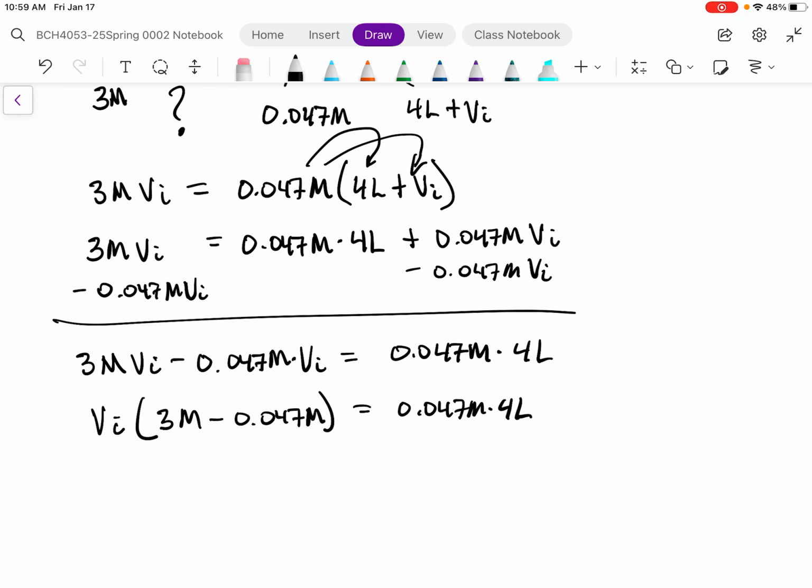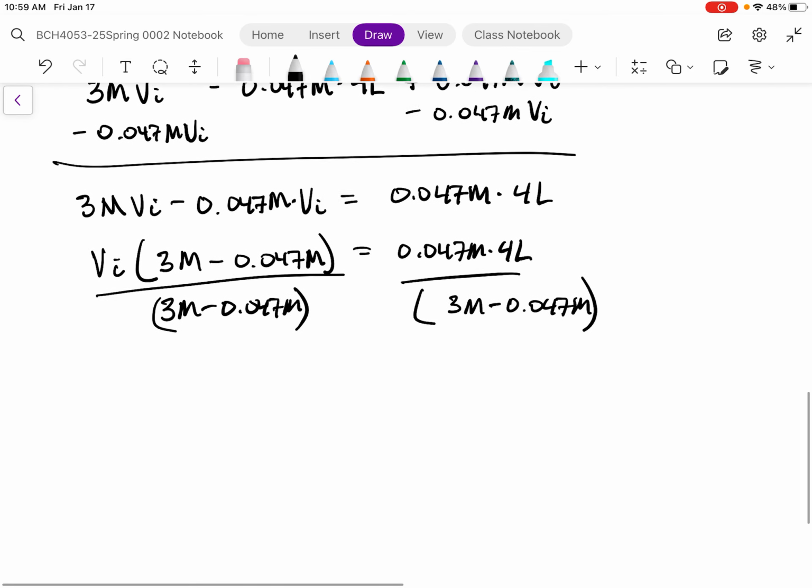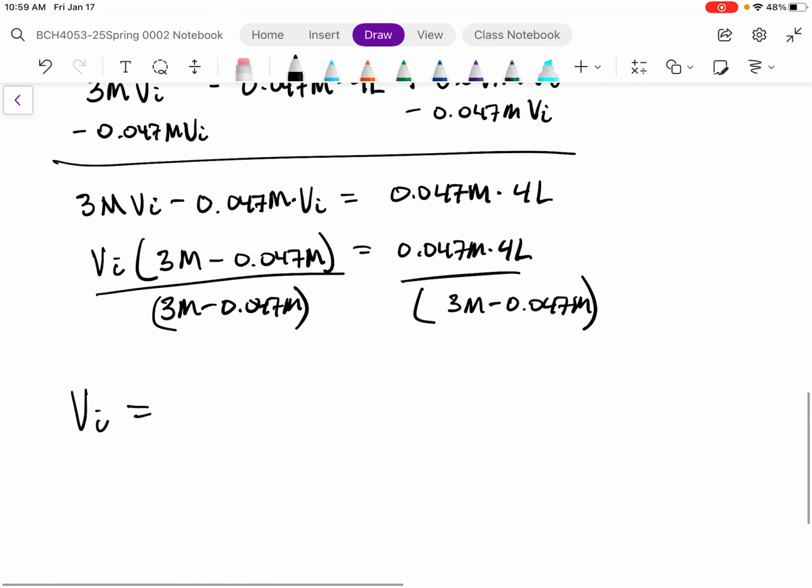Now we can solve for V sub I by dividing both sides by 3M minus 0.047 molar. And that's going to be our answer there: 0.047 molar times 4 liters over 3 molar.